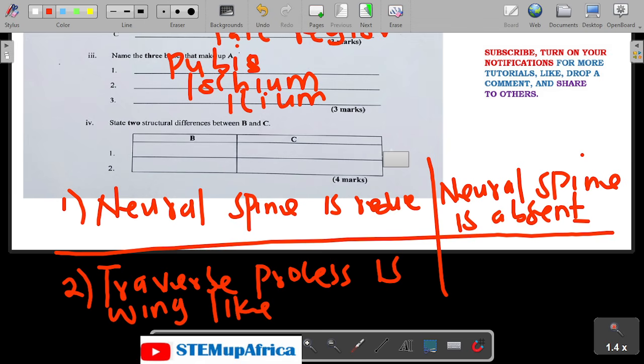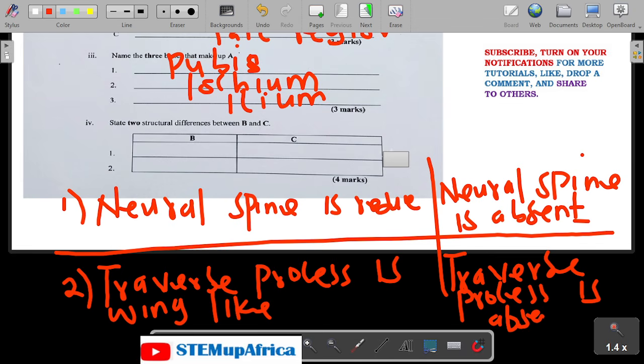While for specimen C, the transverse process is absent. So that is the Roman figure 4.